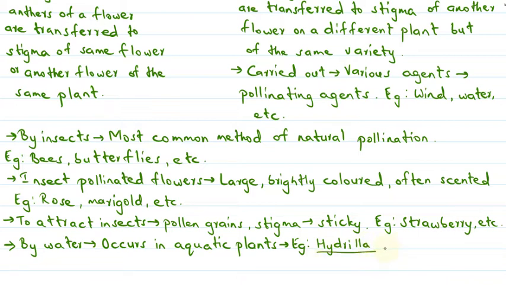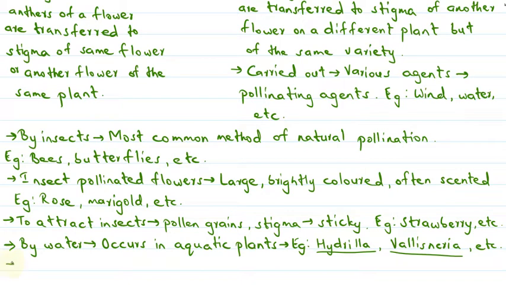Then vallisneria, etc. So these are aquatic plants where the pollination takes place by means of water.